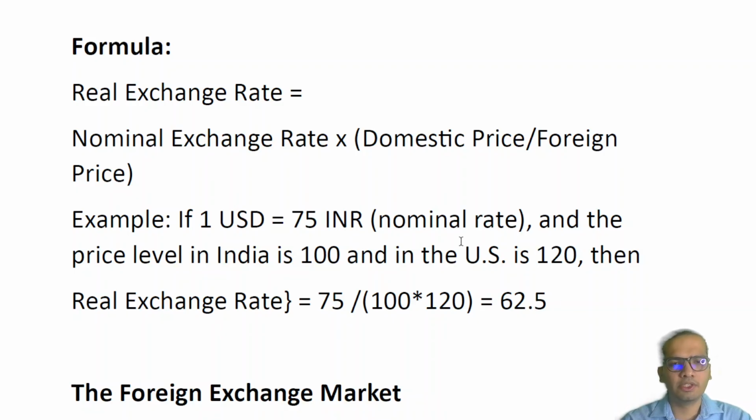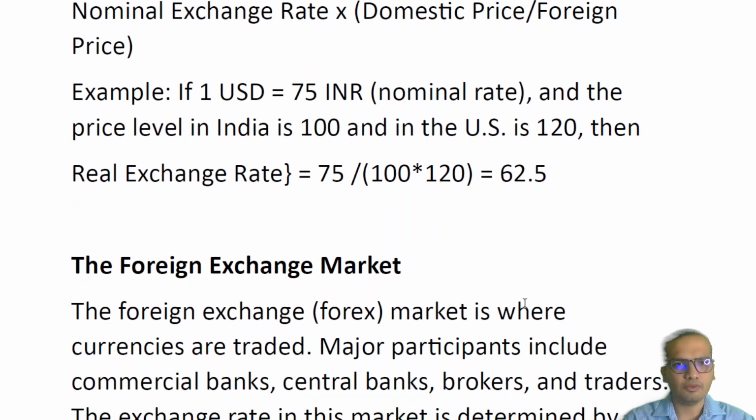Example: if 1 USD, or United States dollar, equals 75 rupees, that is the nominal rate, and the price level in India is 100 while the price level in the US is 120, then the real exchange rate would be 75 multiplied by 100 divided by 120, so it comes to 62.5. So the real rate, ignoring the inflation effect, is 62.5 rupees.